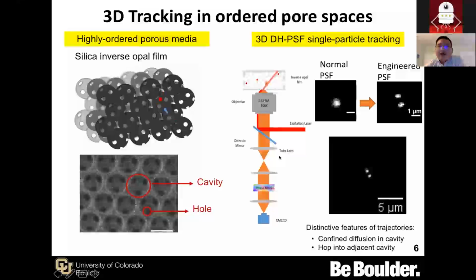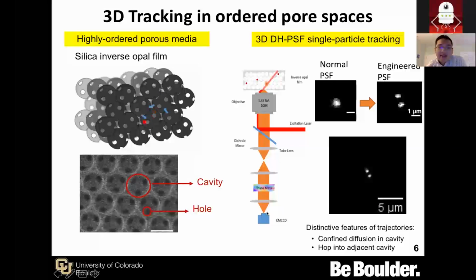How I achieve 3D tracking is, first of all, a conventional fluorescent microscope is able to identify the particles very well by fluorescent signal or refractive index difference.